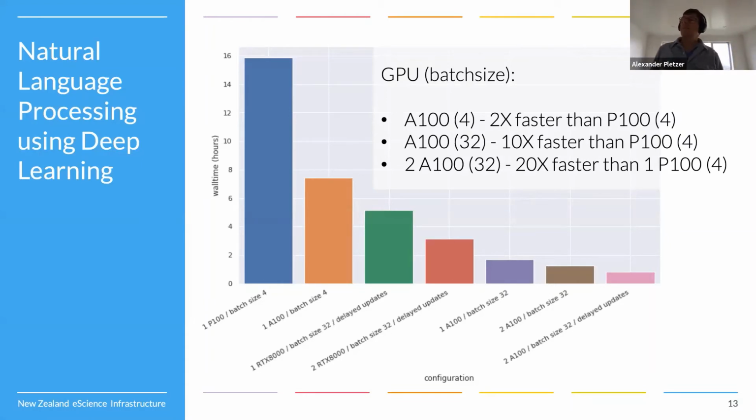But on the right-hand side, you have the little pink vertical bar, and I think it's less than an hour. So here Maxime was able to go from 16 hours to 45 minutes, and he was using 2 A100, and he was using a much bigger batch size, from 4 to 32, because he had more memory, delayed updates, and so that's a factor 20.